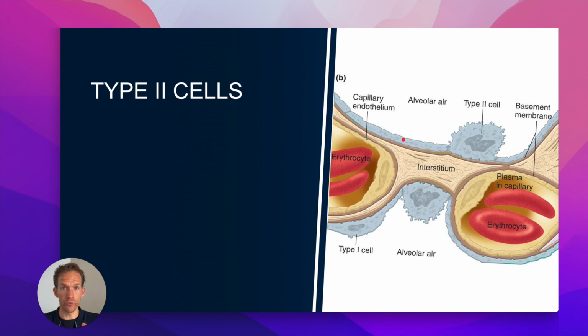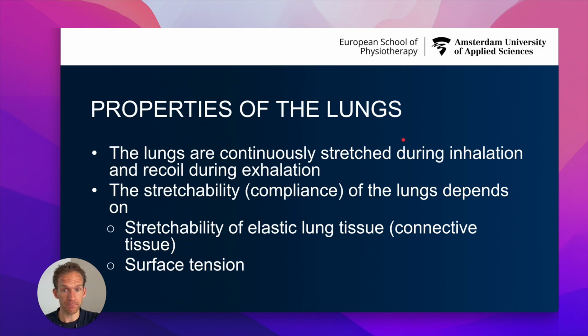So the normal surface tension, because of this surfactant that is released, will disappear partially or completely, and that will increase the compliance of the lungs, which makes for an easier stretch in case the chest wall, for example, wants to expand. So the lungs have some natural elasticity, and then together with the surface tension, we can say something about the overall compliance of the lungs.